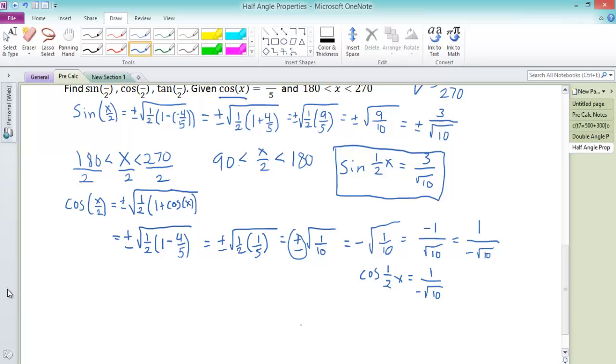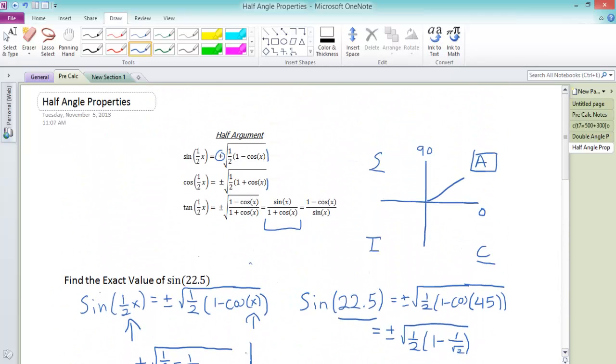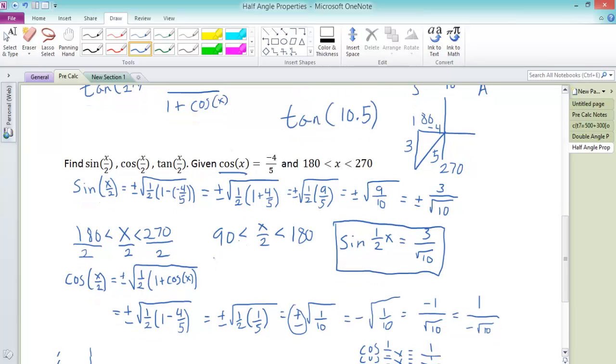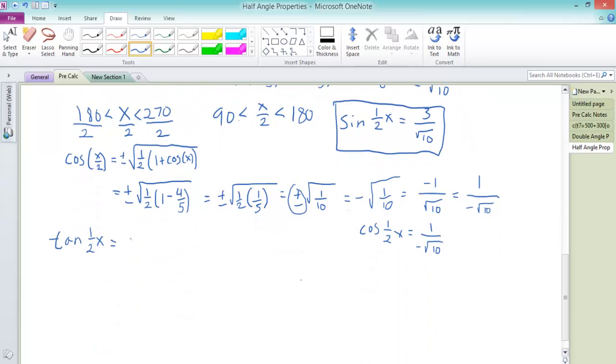Now last, we have tangent. We need to find the tangent of 1/2 x. Now the tangent of 1/2 x, or tangent of x over 2, just like what we did last lesson in double angles, is equal to the sine of x over 2 divided by the cosine of x over 2.